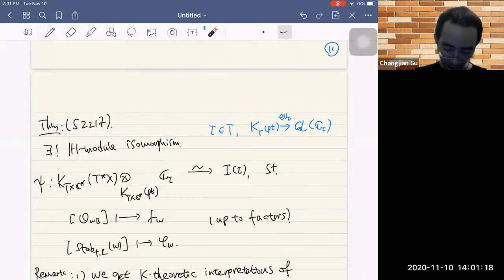Okay, so it's very easy to see this on the localized equivariant K-theory. What are the eigenbases?